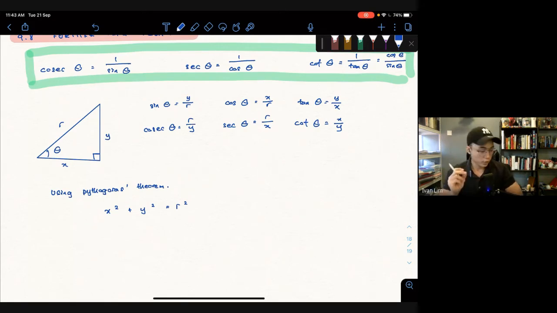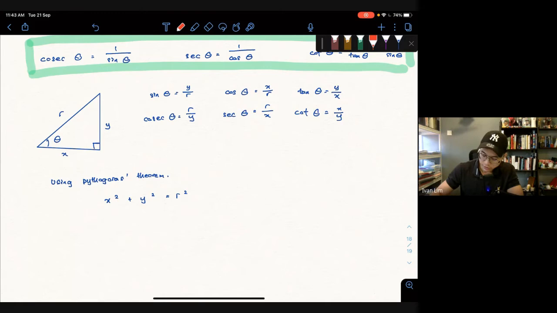Okay, so now if we want to prove another identity, you divide the whole equation by x squared. Okay, you all try and see. Divide the whole equation by x squared. So how will it look like? X squared divided by x squared will become 1. Y squared divided by x squared will be y over x squared. R squared over x squared will be r over x squared.